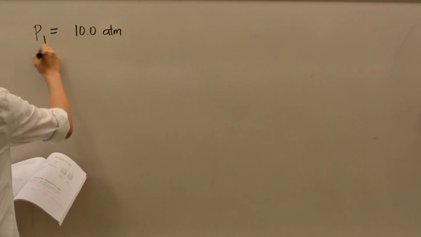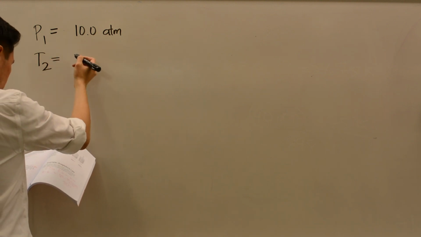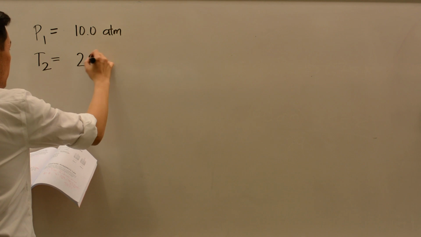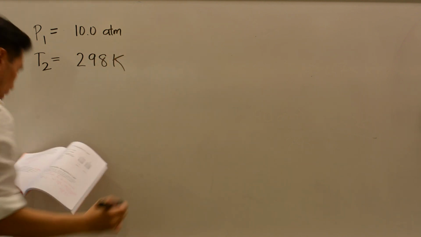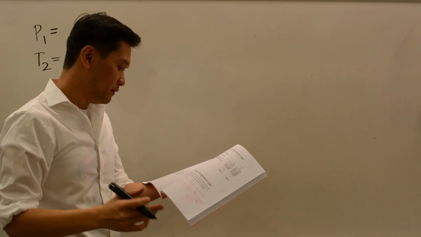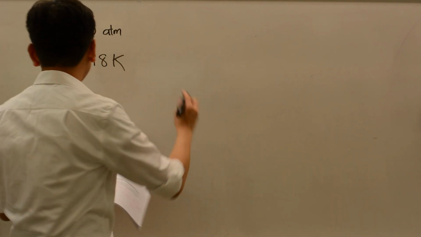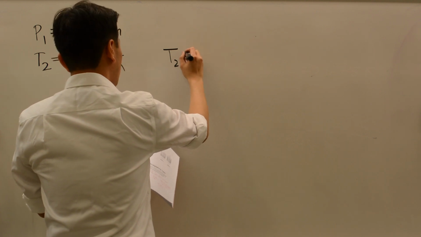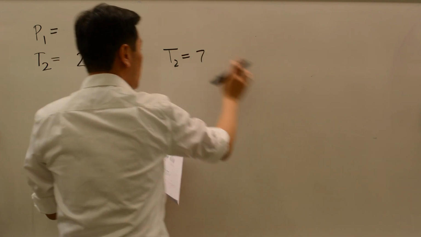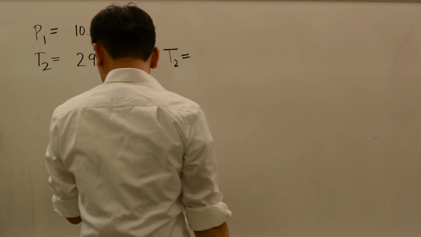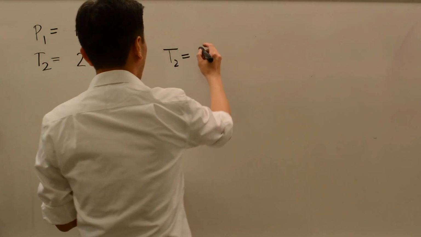So that must be T1. T1 is 25 degrees Celsius, which is 298 Kelvin. What would be the pressure if the temperature is now 75? That's our T2, 75 degrees Celsius, which is 348 Kelvin.